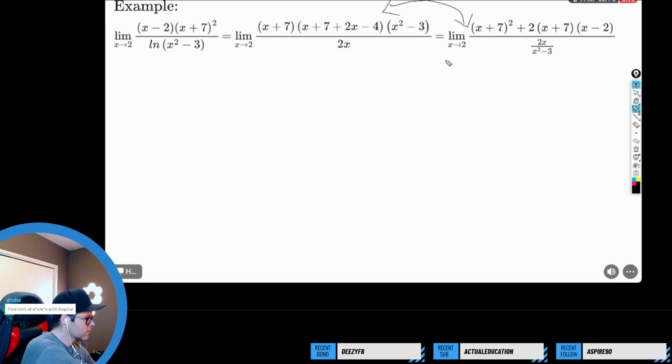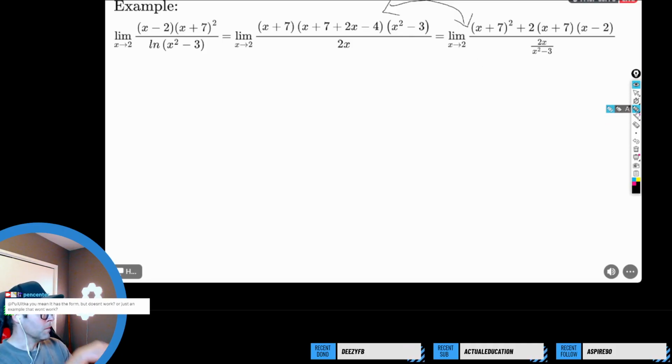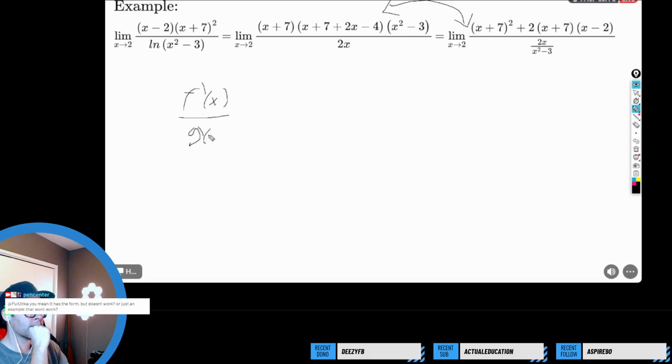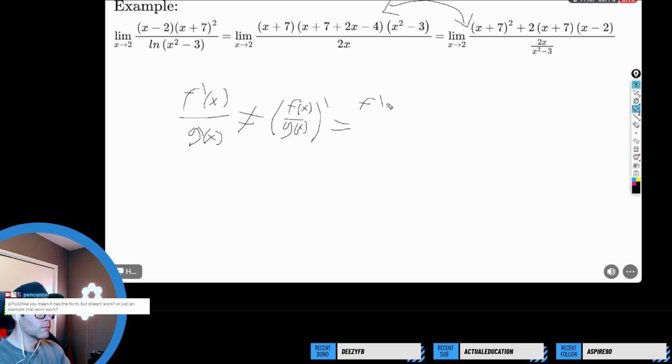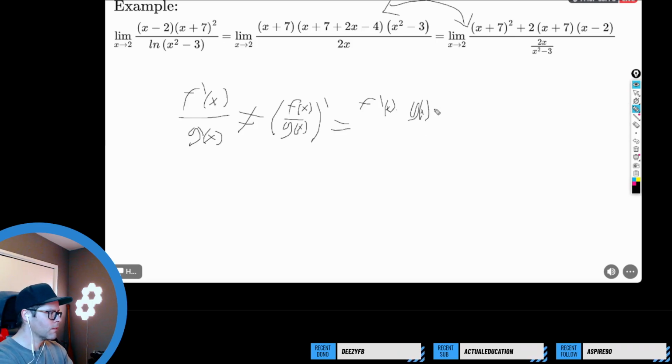But we can use it. Now, something that we should notice is that when we take the derivative, we take it as f prime of x divided by g prime of x, and not the derivative of f of x divided by g of x, because by what we proved earlier, it is different from what we want, and this is not good.